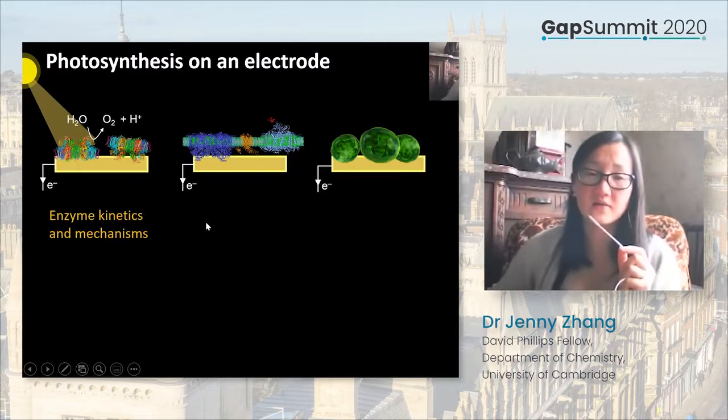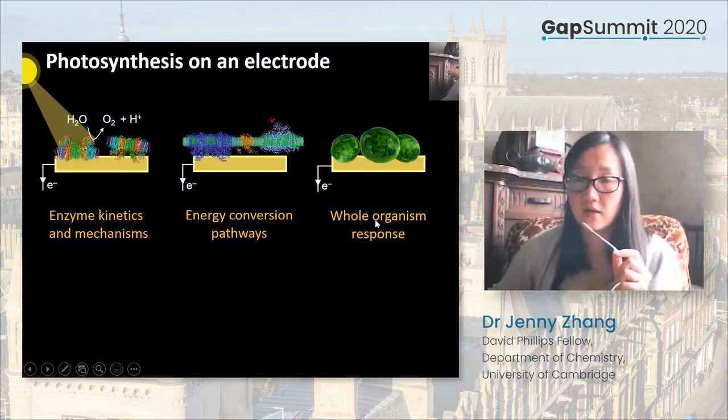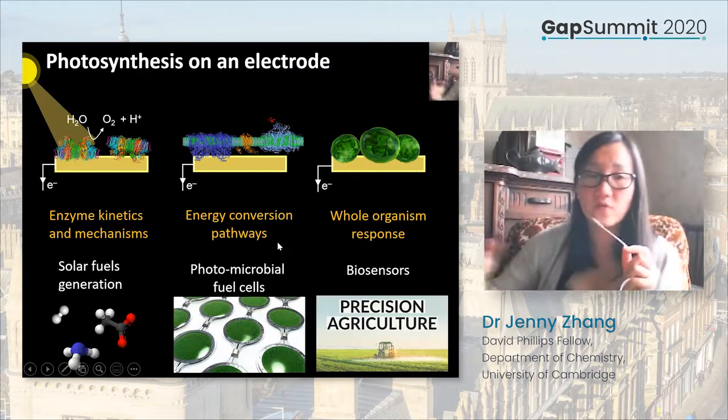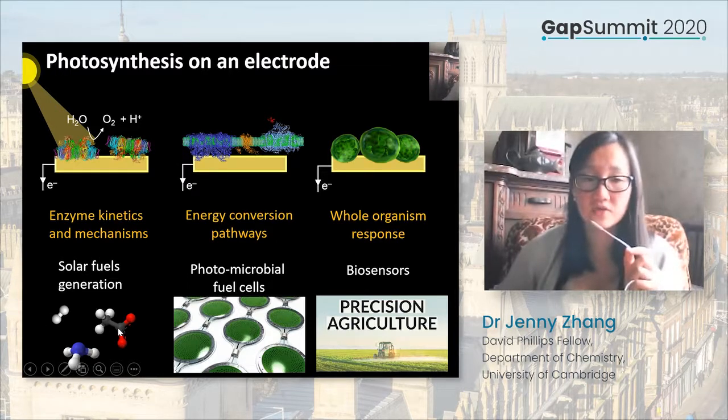And this allows us to really not only gain information about the fundamental mechanisms of how these electron transport chains work, and how it relates to whole system functionality, but it also forms a very important basis for future biotechnology. So I already talked a little bit about how we can generate fuels using sunlight, and also power using these photosynthetic materials, but you can imagine that they would be very useful as biosensors as well.